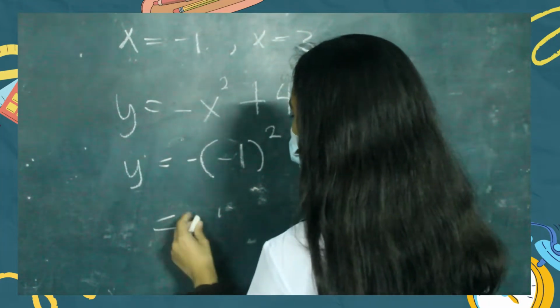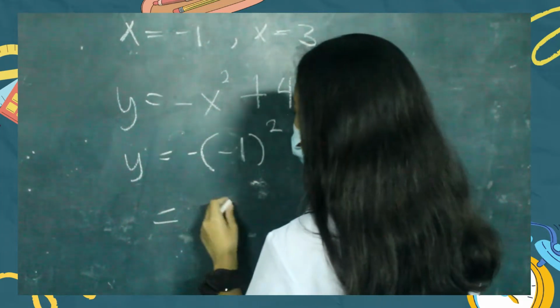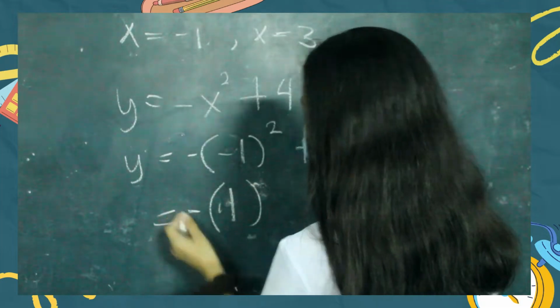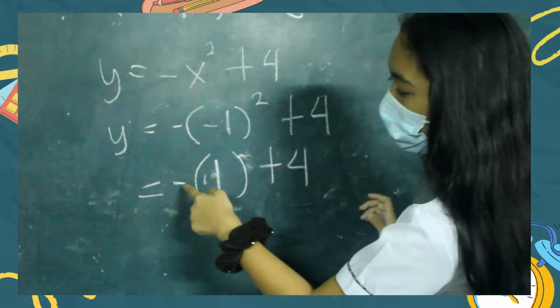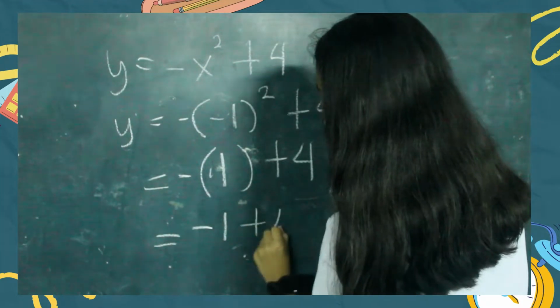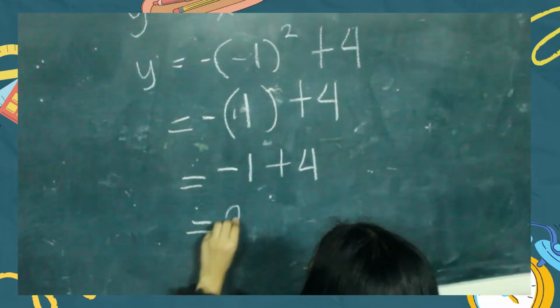So that will be simplified: negative 1 squared will be positive 1. Then copy the negative sign and the parentheses, plus 4. So we will distribute the negative sign inside the parentheses. That will be negative 1 plus 4. So the value of our first y is equal to positive 3.